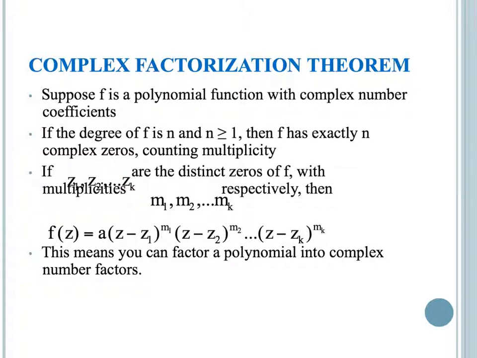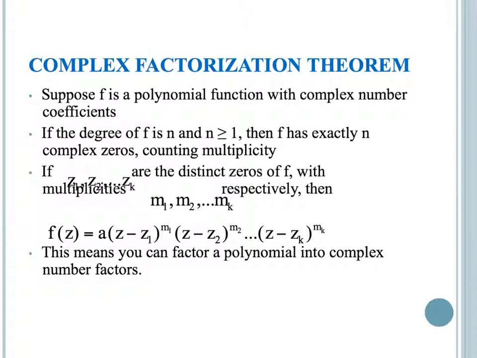With the complex factorization theorem, we know that if we have a complex zero, we also have the second one of the pair. So if we have a complex zero with the minus sign, we would have the other one that has the plus sign in between the real and the imaginary portion.